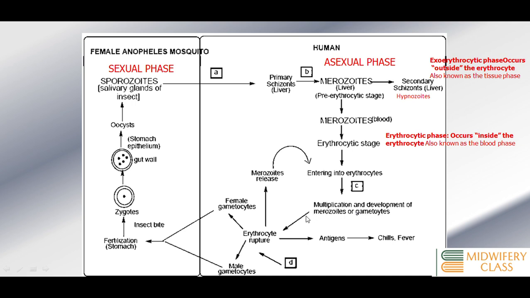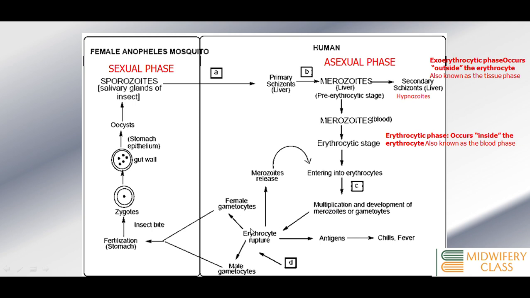The new merozoites cause the red blood cell to rupture. When it ruptures, antigens are released, male gametocytes are released, female gametocytes are released, and still more merozoites are released, which enter more red blood cells, causing more multiplication and development of the merozoites.